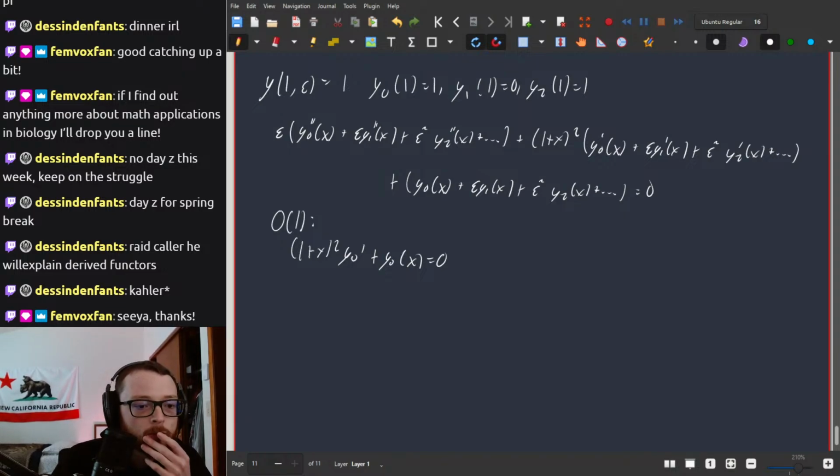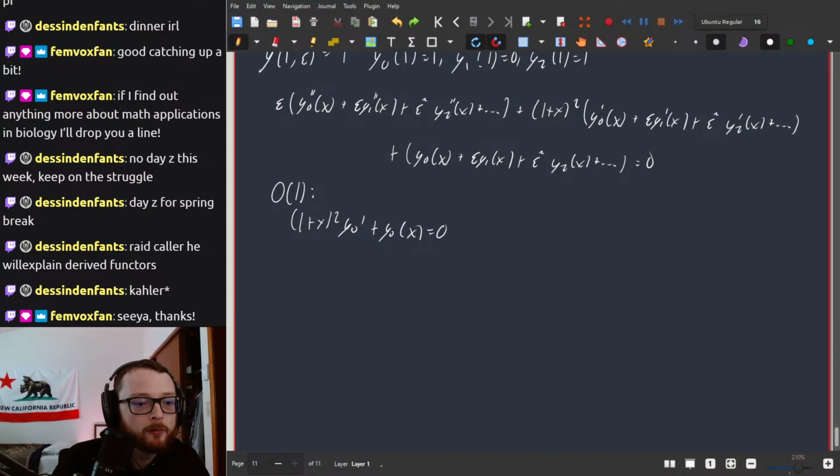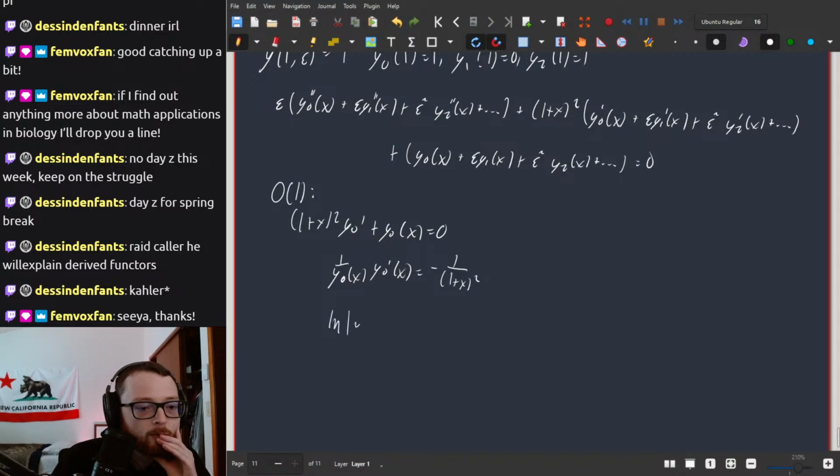Now we have just a regular old ODE that we can solve with our favorite method. Separation of variables is always a winner. Did I do this right? Yeah, probably. This integration isn't hard, right?